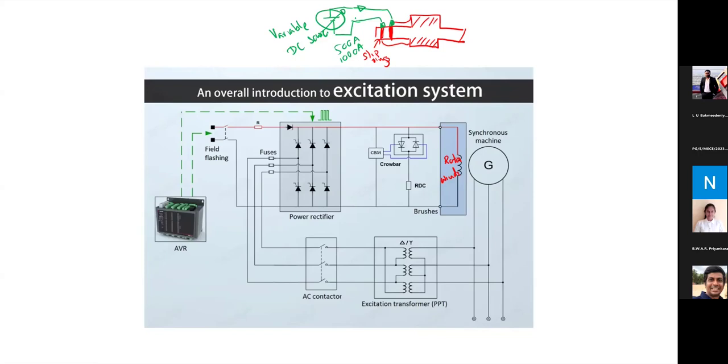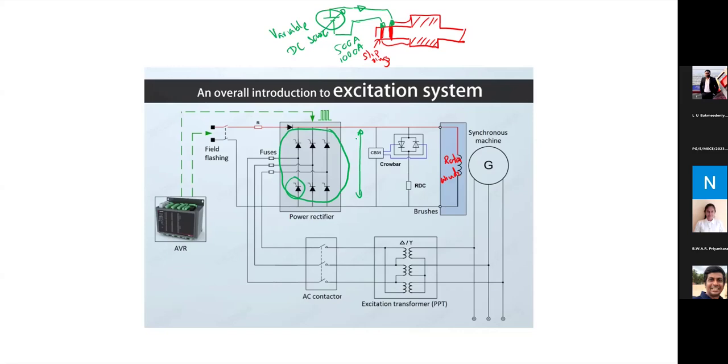So this is the most basic and the older type of excitation system, where it uses brushes to do this. And the variable part is being created using this thyristor circuit power rectifier, since with thyristors we can achieve variable DC voltage on the DC link by controlling the operation of these thyristors.